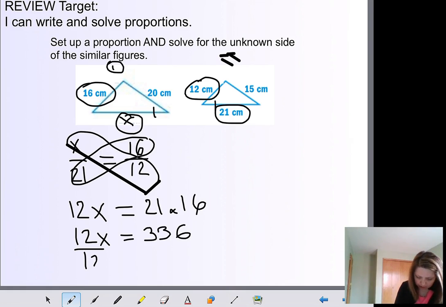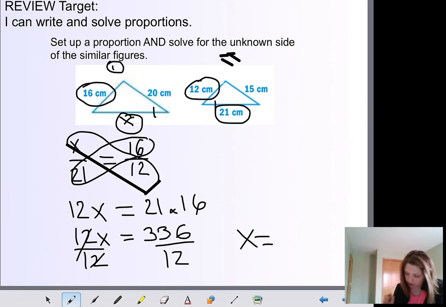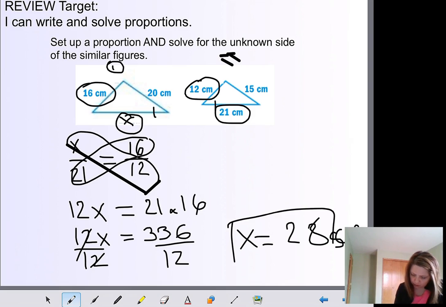Then I will divide by 12. Those two cancel, so x will be equal to 336 divided by 12 is 28. 28 centimeters. So x, 28 centimeters right here, will be the longest side of this larger triangle.